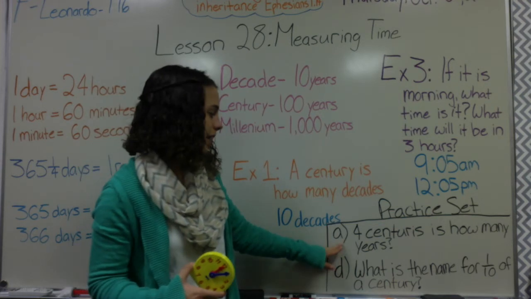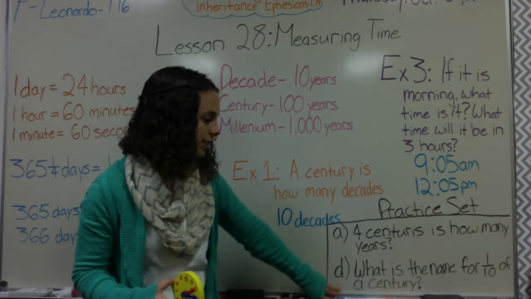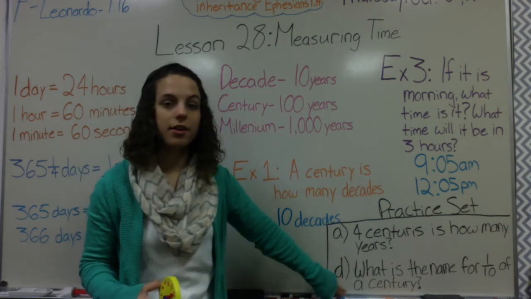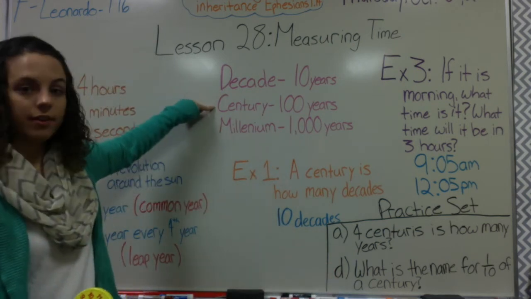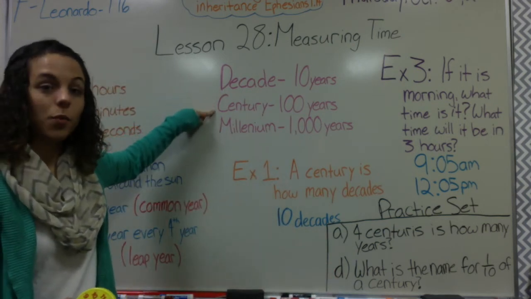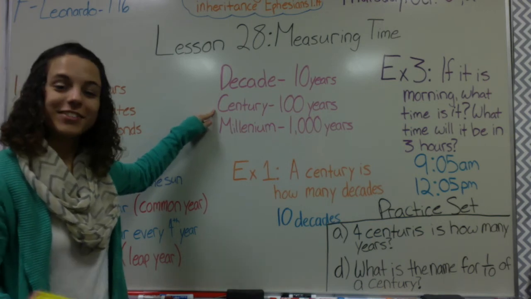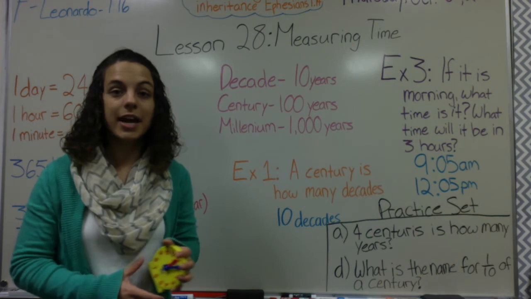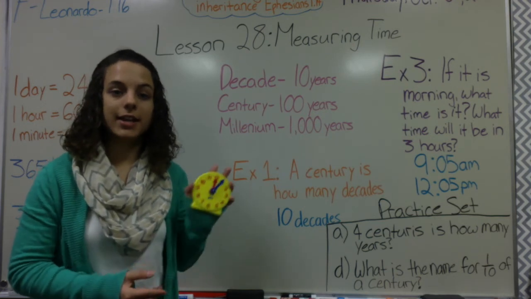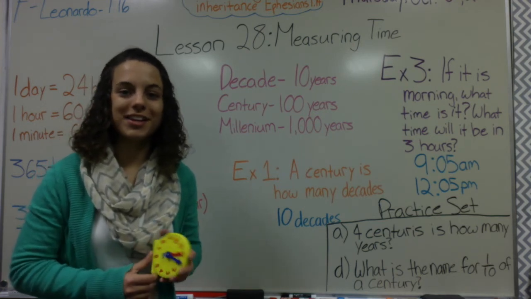And letter D, what is the name for 1/10 of a century? So if I have 1/10 of 100 years, what do I call that? Go ahead and write your answers down. We'll review over them in class, and we'll probably be doing more of the practice set together with time and looking at calendars as well. Thank you so much.